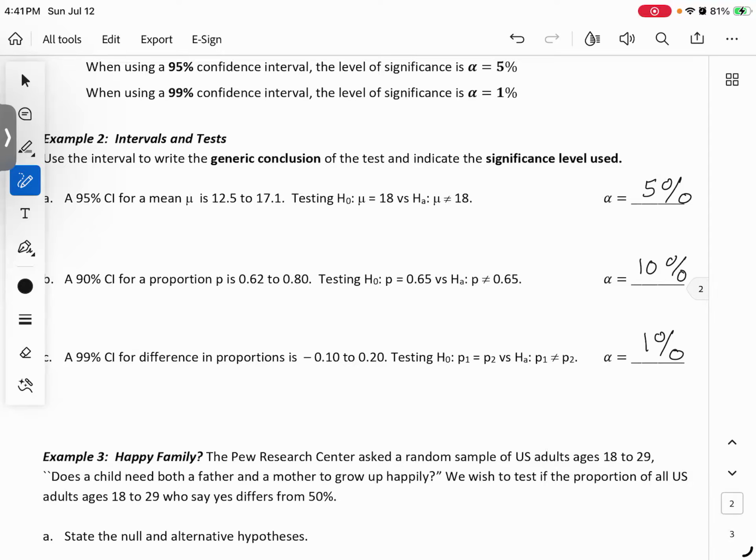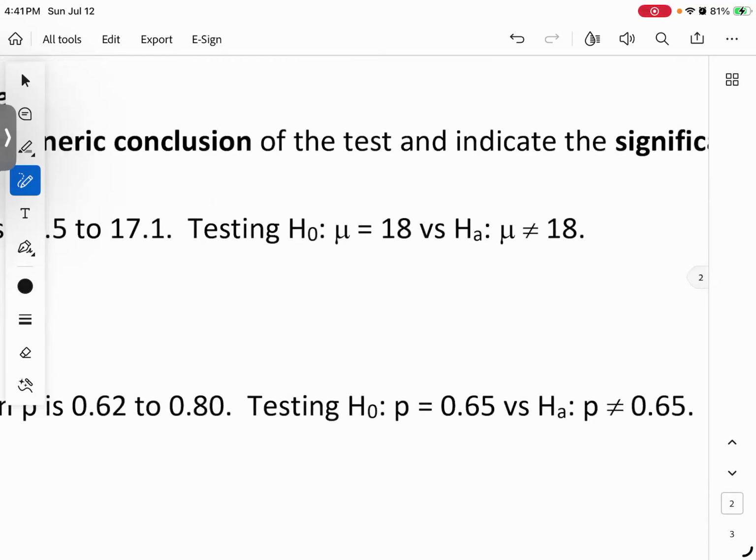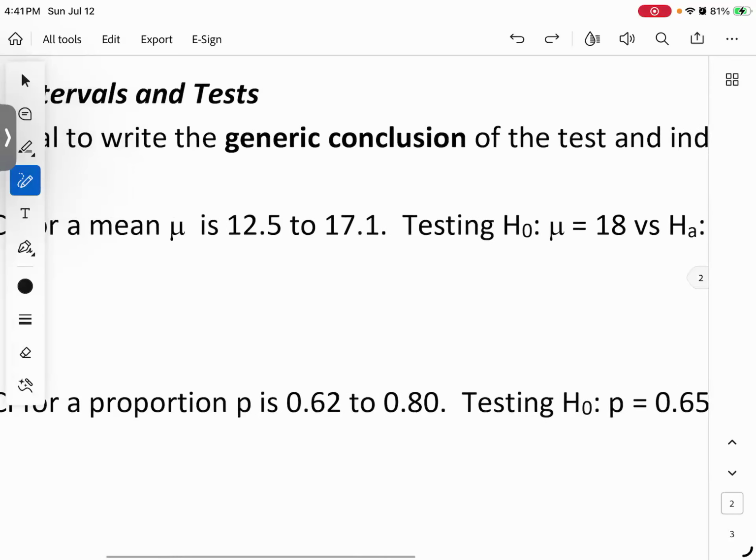But now for the reject or do not reject. For part A, the goal or the desire is to try to reject the null value that's saying the average for some population is 18. And based on this interval, can we reject 18?